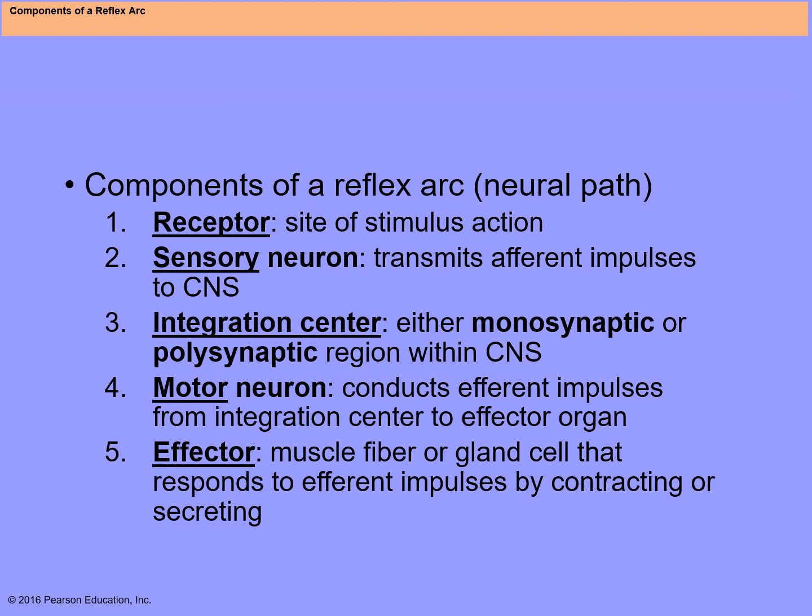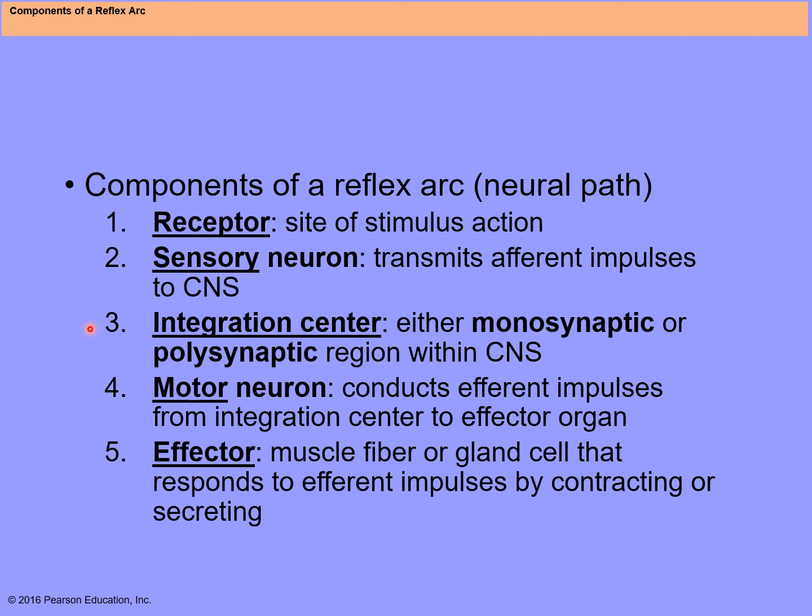What are the components of a reflex? There are 5 steps. You have your receptor, which receives the stimulus. It sends that information to the sensory neuron, which sends it to the central nervous system, and in the integration center, it analyzes that information.